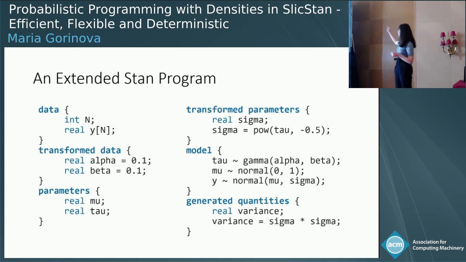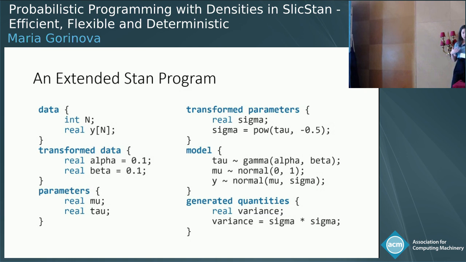The prior also depends on some constants alpha and beta, which we previously defined in the transformed data block. You can probably see that this doesn't look great, because definitions live far away from where they're used. It's not very compositional. If we want to have some user-defined functions, we need to have something that acts in a single block, because we can't split it into several, and so on. So there are a lot of problems in that.